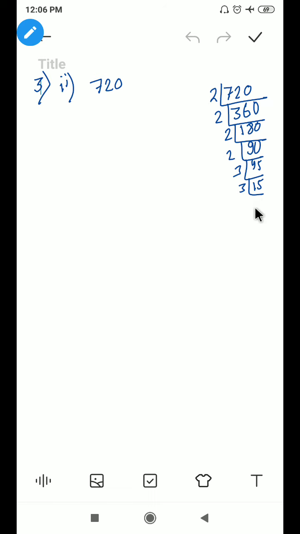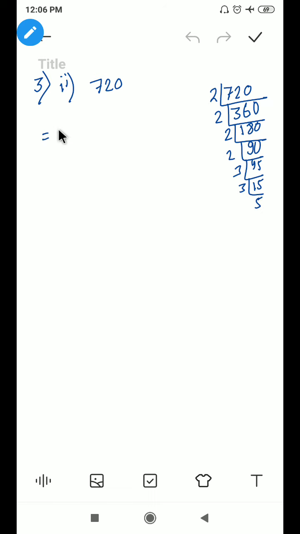Firstly, factorize this number. This will go with 2, and 12 is left. This will go with 6. Again go with 2, 2 times 1 is 2. Here 16 is left, 8 times 2 is 16. Again divisible by 2. Again an even number, divisible by 2. This will go with 3. Again go with 3.